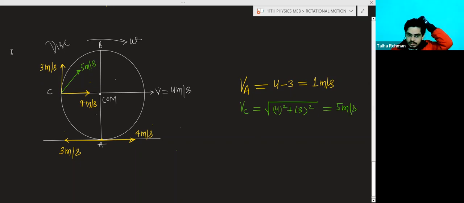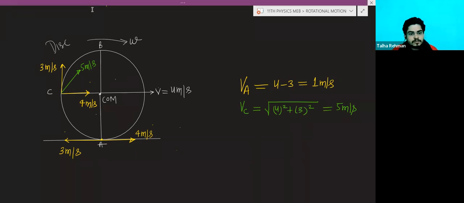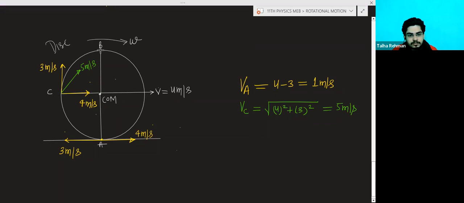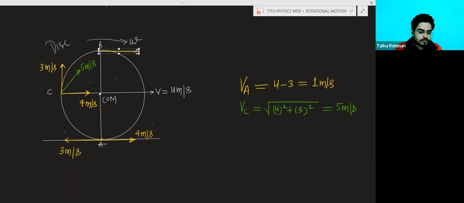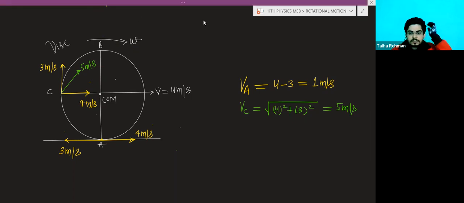Now we will calculate the net velocity at point B. At point B, the first velocity is the velocity of center of mass in this direction.